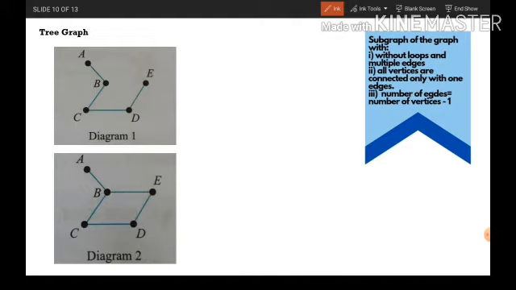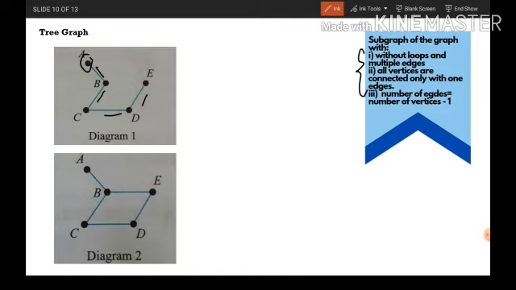Look at these two diagrams, diagram 1 and diagram 2. Which one is a tree graph and which one is not a tree graph? Look at the properties given. Without loops and without multiple edges. Both diagram is without loops and multiple edges. Next properties. All vertices are connected only with one edges. These vertices connected with one edges, 1, 1, 1.